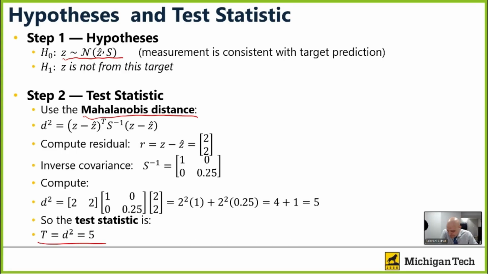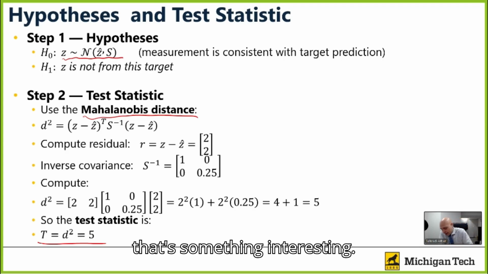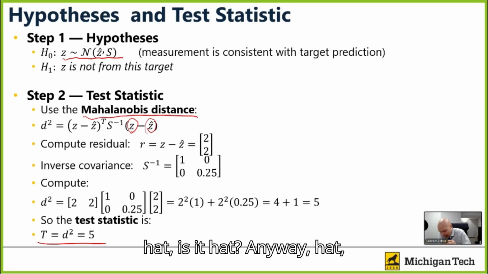What is that? It has something on it, and that's something interesting. So let's see what that is. So this Z and Z hat, are they both Gaussian? Anyway, they are both Gaussian.